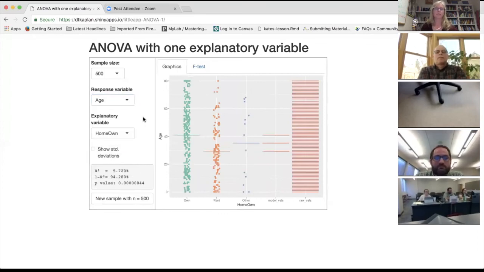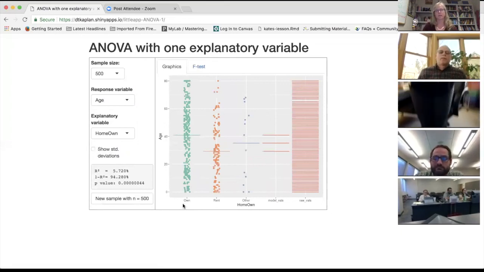I probably would have them do that early on, and then I'd have them talk about the variability of these groups a little bit later on, when I've introduced the idea of variability. Which one of the groupings that you picked has more variability? Those would be the out of class activities they could do, looking at their own response variables and explanatory variables.